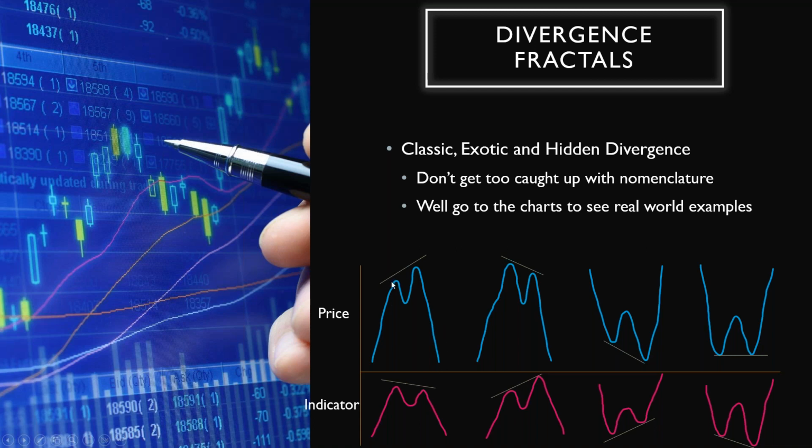So in this case, price came up to a high, it pulled back and then pushed to a higher high and then started to sell off from there. The indicator in this instance would do the exact opposite, and that would be the pattern that would clue us in to a potential divergence setup.